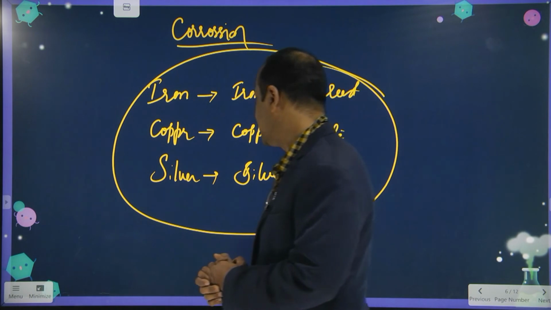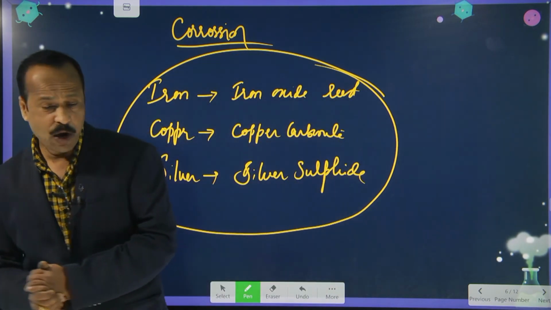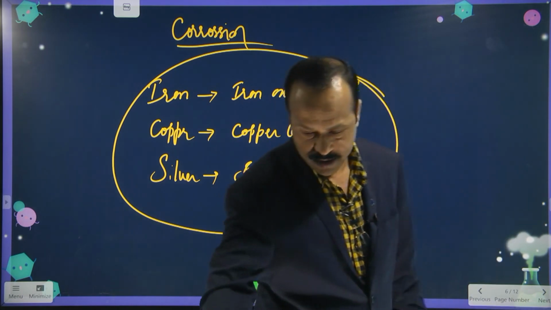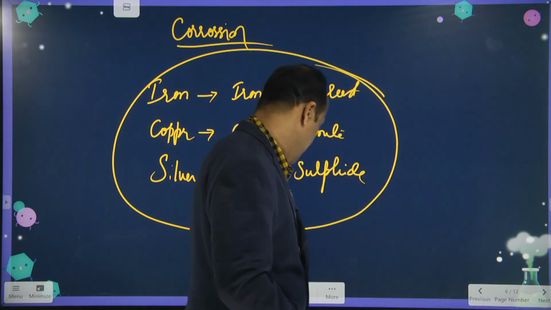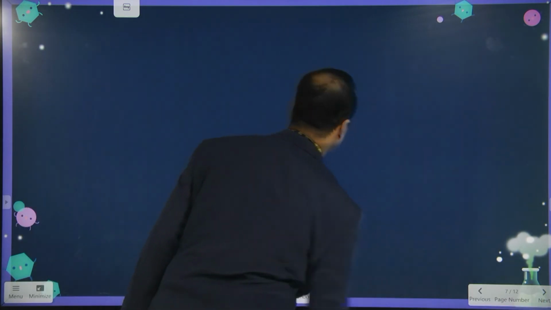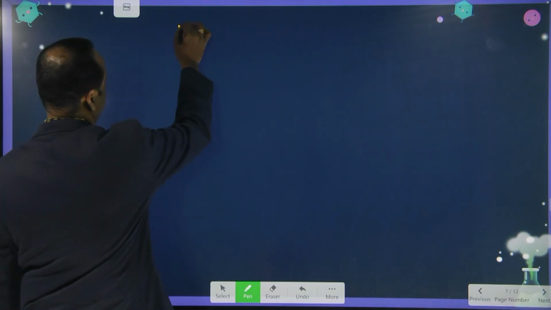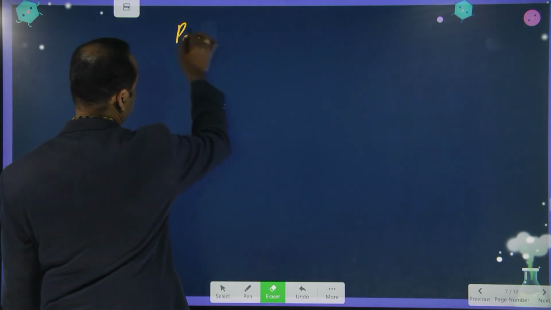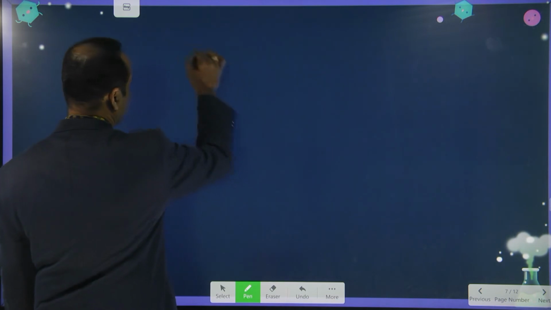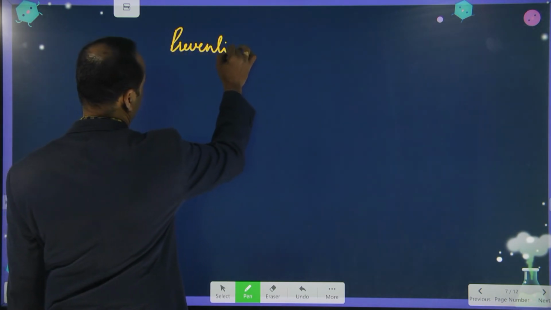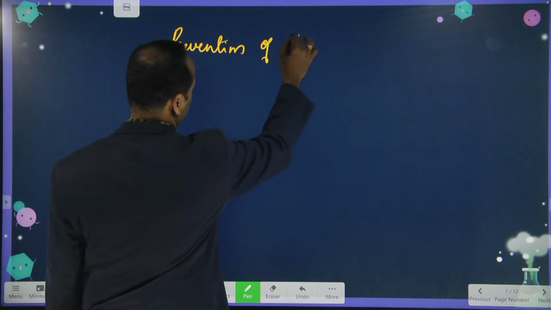Now, how can we prevent this corrosion? Can we prevent the corrosion? Yes, we can prevent the corrosion. So, prevention of corrosion.